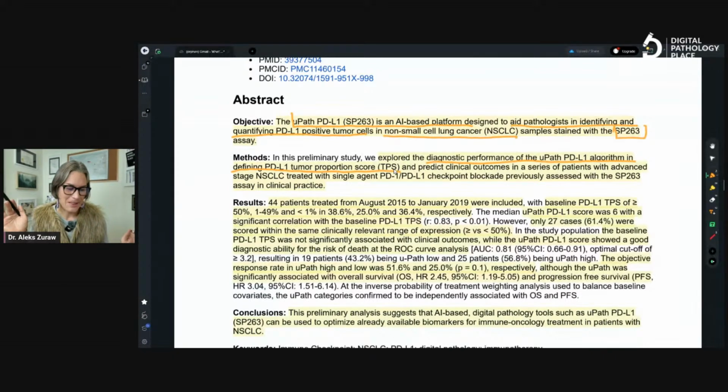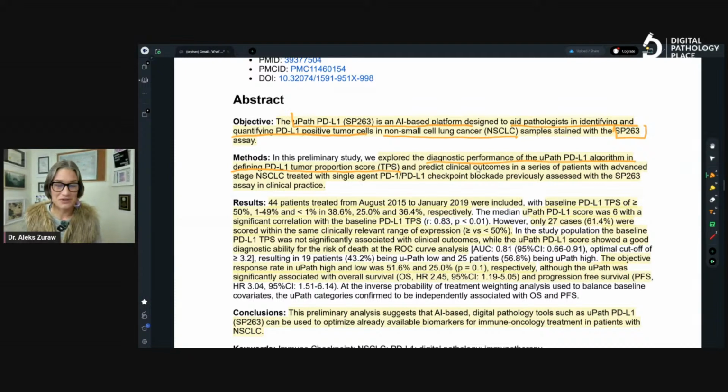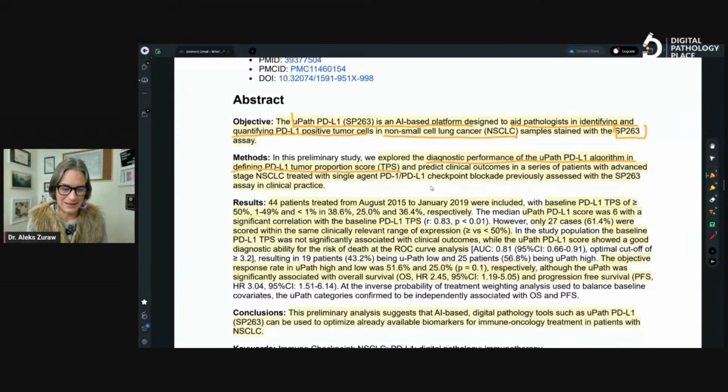One time when I was working for an image analysis company and we were doing this work, I prepared the training on all the different antibodies and what those scores mean. Anyway, one of them is the tumor proportion score: how many of the tumor cells are positive.